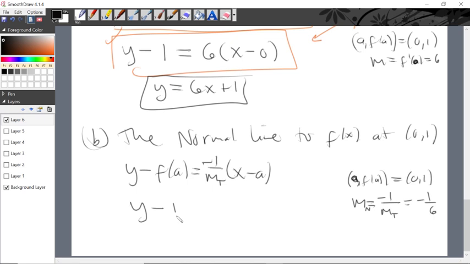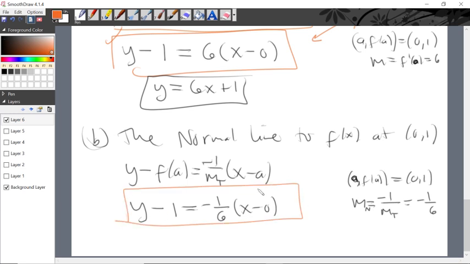So y minus 1 is equal to negative 1 over 6 times x minus 0. So there's the equation of the normal line. And that's fine. If we wanted to put this into slope-intercept form, we could do that. y equals negative 1/6 x plus 1 is what we would get.